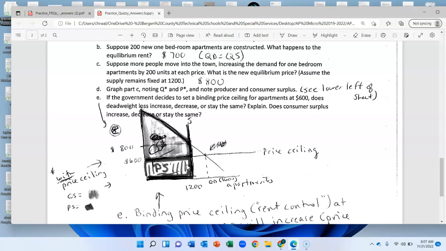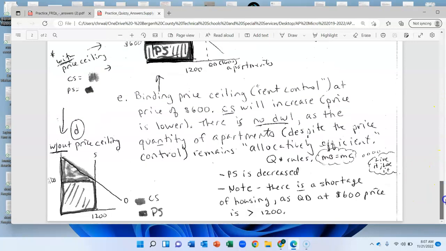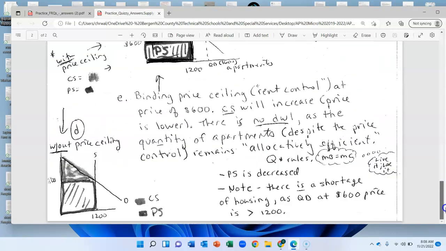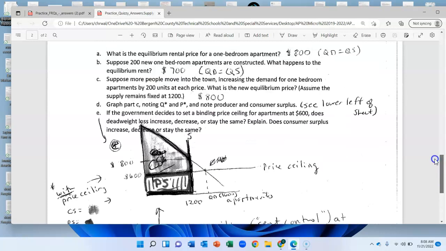And we don't necessarily have a big difference in the total surplus. If we look at the total surplus, that may be similar, but because we don't see a difference in the quantity, we do have a change in the consumer surplus versus the producer surplus.